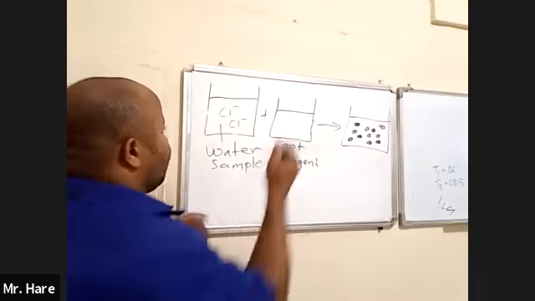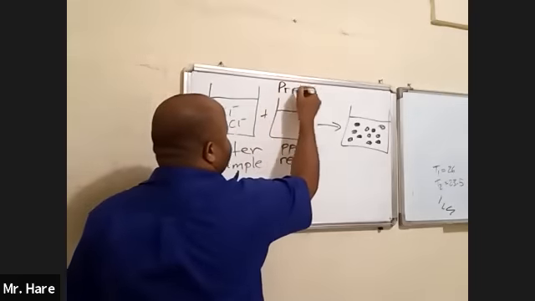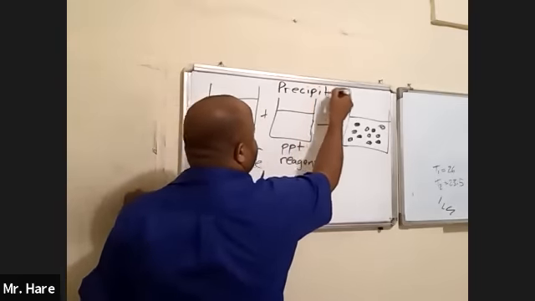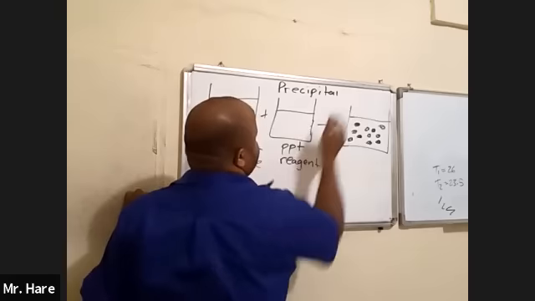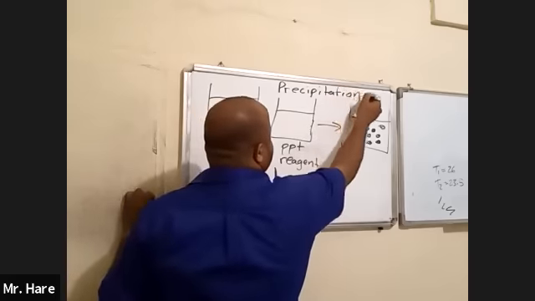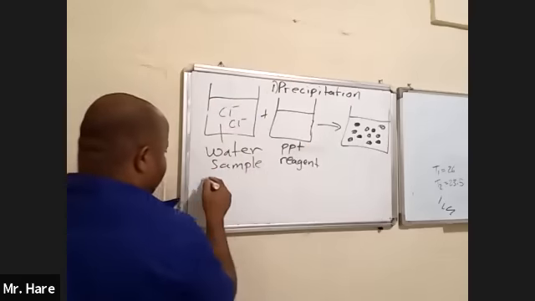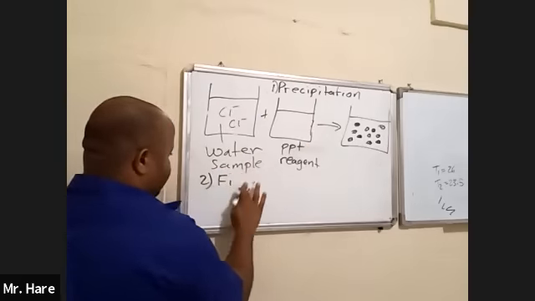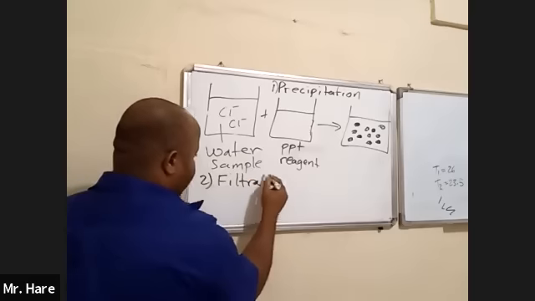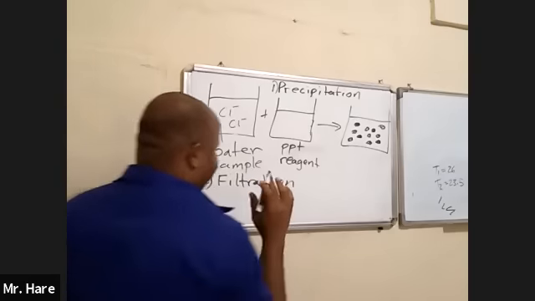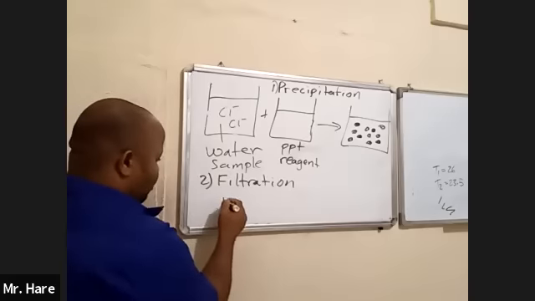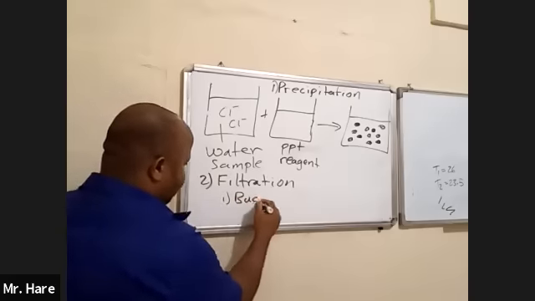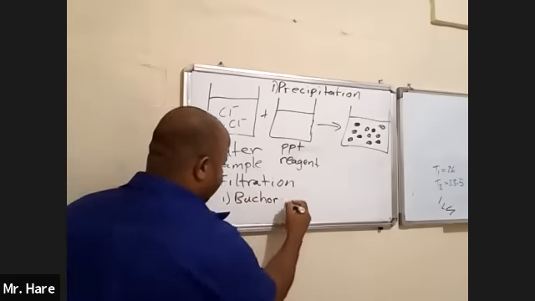So the first step was precipitation. And then we will do filtration. And in filtration, we said we are going to use the Buchner funnel.